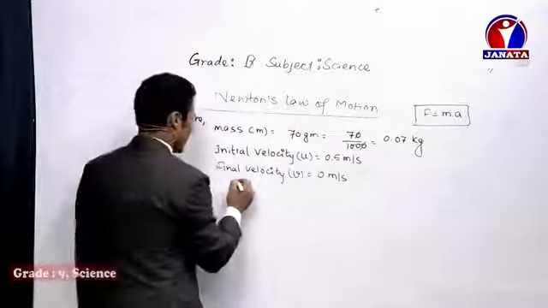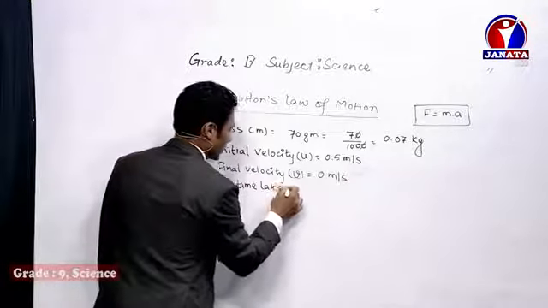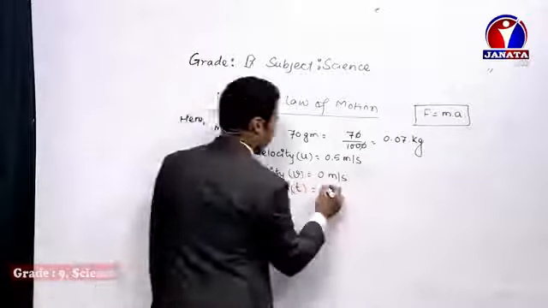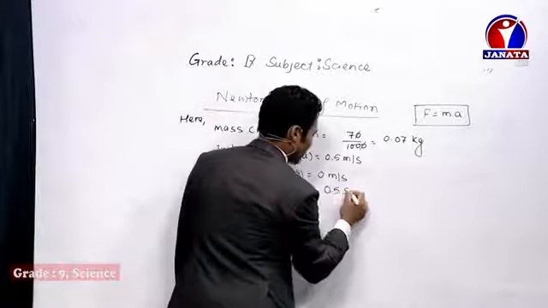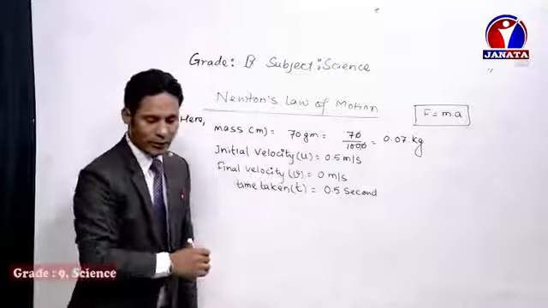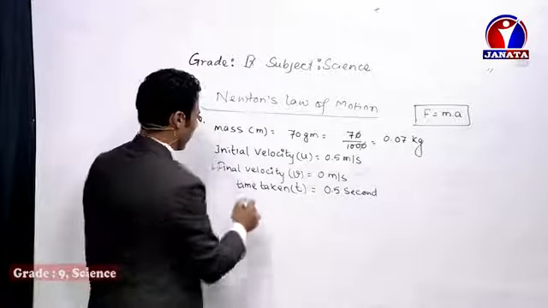And the time taken, symbol is T, is given over there. 0.5 second, right? And we need to calculate the force applied by the player to stop the ball.